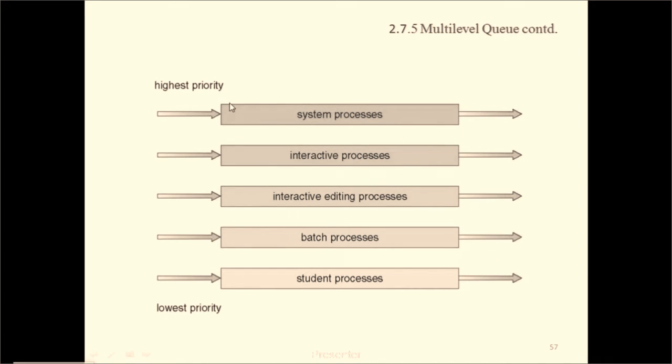Usually the highest priority are the system processes, then one step lower are interactive processes, one step lower are interactive editing processes where somebody is using something like Word, etc. Then are the batch processes, and I don't know why student processes has come, because these are typically not categorized per user, because in certain cases a student might submit a process that is interactive, and obviously it has to go at this priority level.